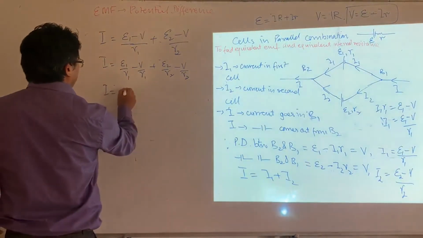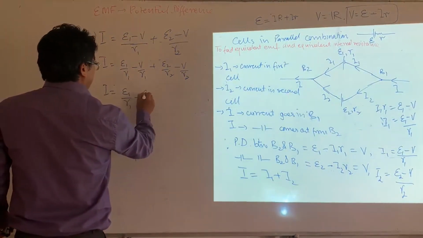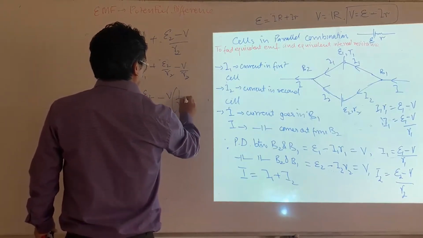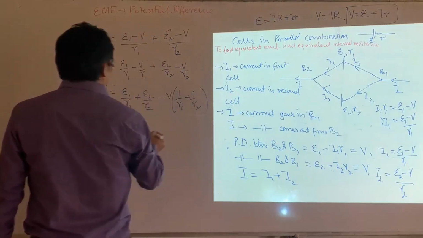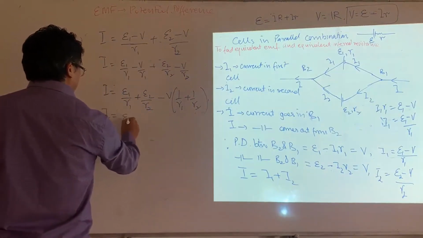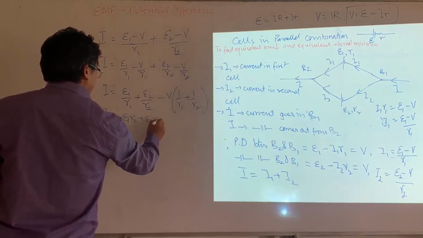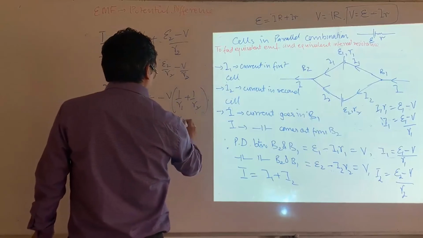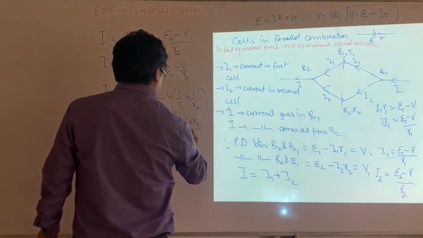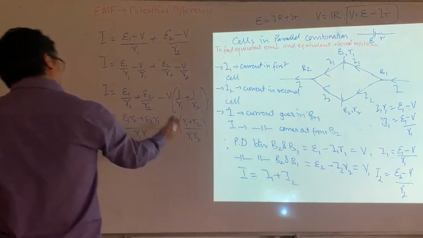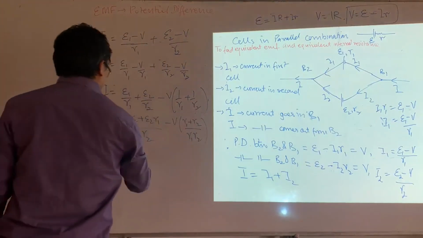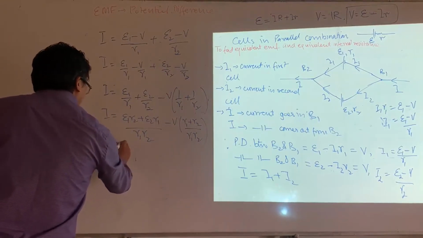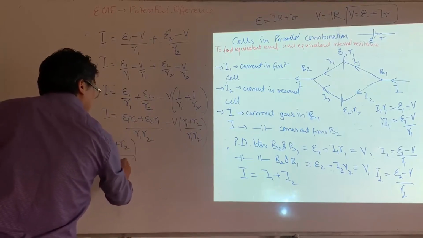I is equal to EMF 1 R2 plus EMF 2 R1 minus V times R1 plus R2, divided by R1 R2. Now I'll bring V this side and I that side. In the exam you don't need to write all these steps. You can jump.